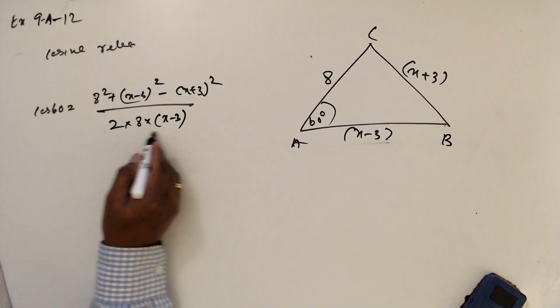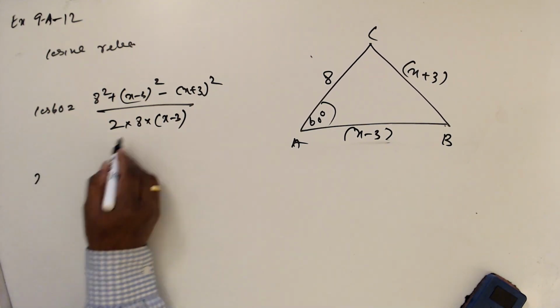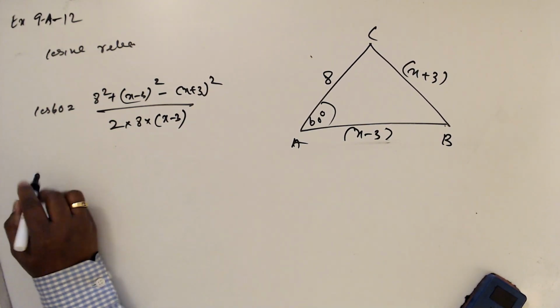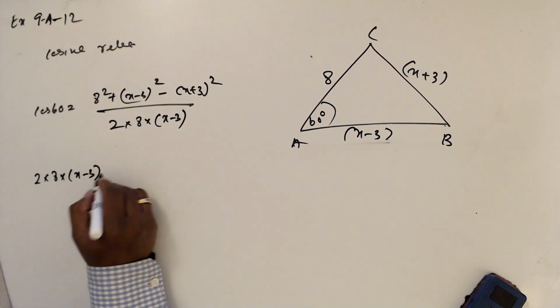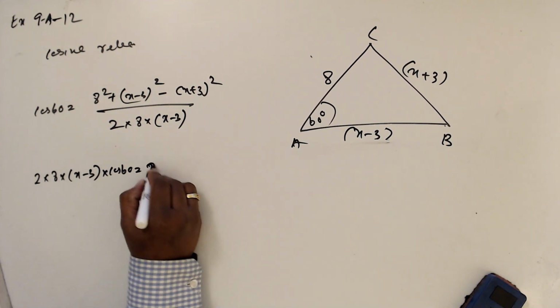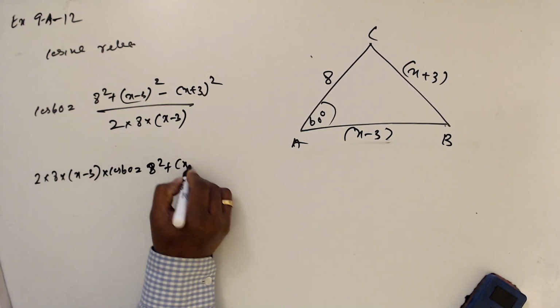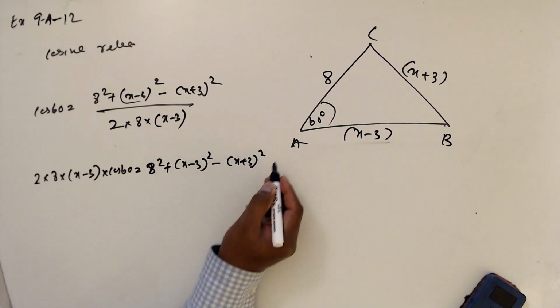So okay, I'll cross multiply this one. 2 times 8 times (x minus 3) times cos 60 equals 8 squared plus (x minus 3) squared minus (x plus 3) squared.